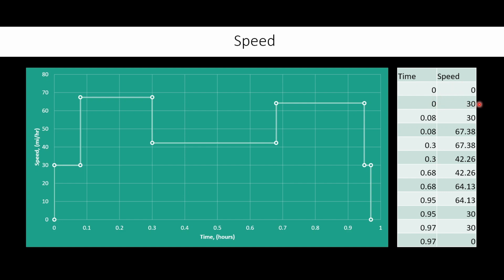Then at time 0 you're at 30 miles per hour, then at 0.08 you're staying at 30 miles per hour, where you then accelerate, hit the pedal, reach 67.38 miles per hour, stay constant for a certain amount of time, then drop your speed to 42.26, and stay constant at that speed for another 0.38 of an hour. Then accelerate to and reach 64.13, and so on and so forth, right? So that's one thing you can do.